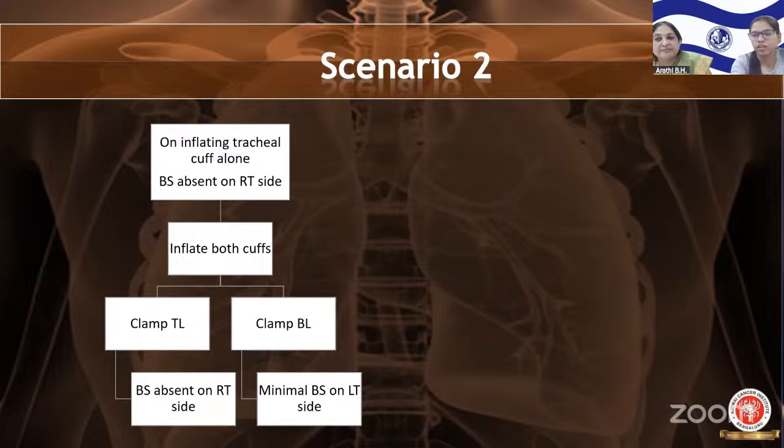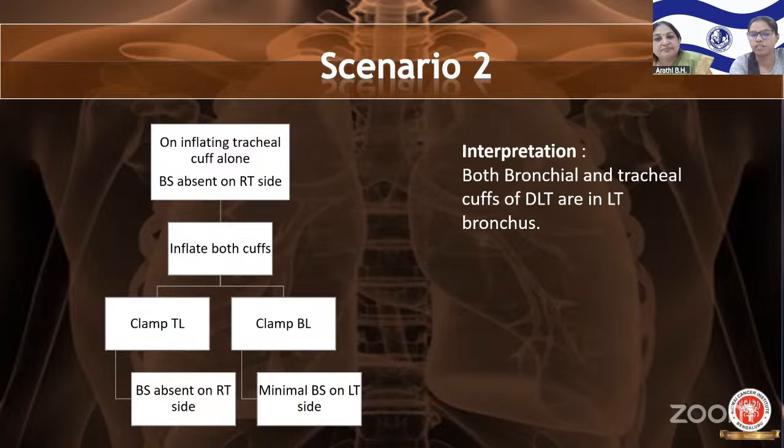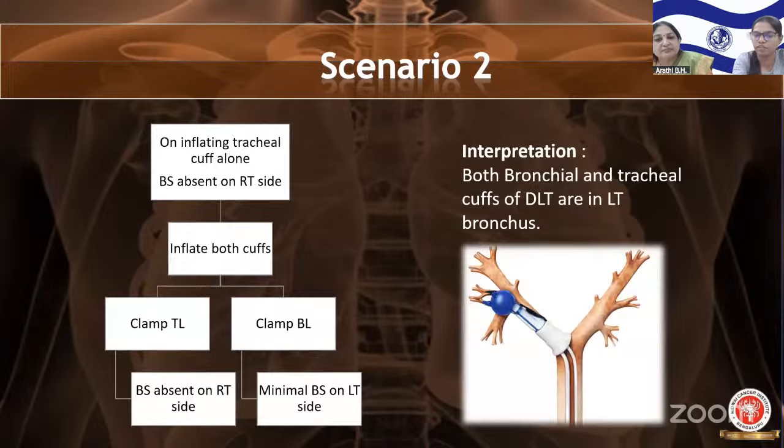In this scenario, both the bronchial cuff and the tracheal cuff have gone deep inside the left bronchus, as seen in the picture. So there is no air entry going to the right side bronchus. Since the tracheal lumen is inside the left bronchus, some amount of air goes to the left bronchus even after inflating the tracheal and bronchial cuffs.